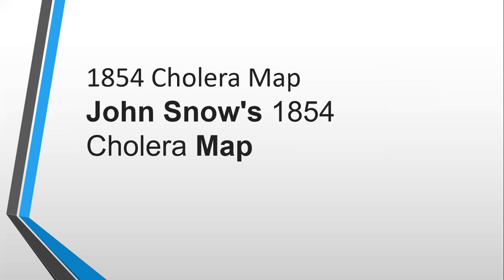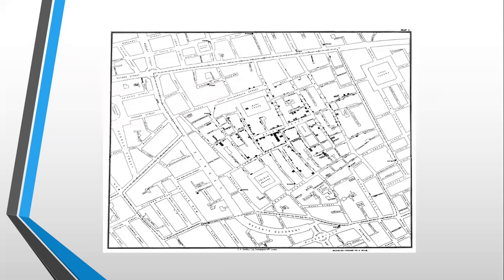At that time he prepared a map with just pen and pencil showing how cholera was spreading, the cholera map. This is his map. He is the pioneer in the field of health, using geographical methods and patterns to analyze the spread of diseases, the spreading of cholera.